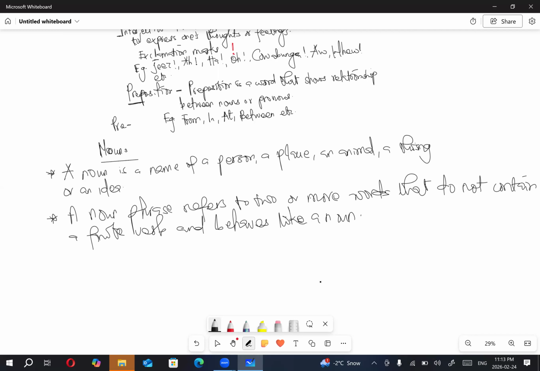Okay, a noun phrase refers to two or more words that do not contain a finite verb and behaves like a noun.